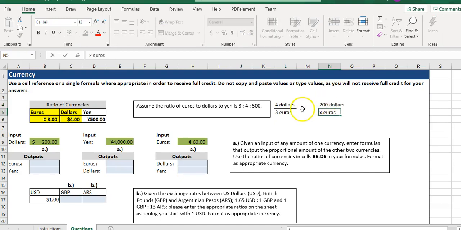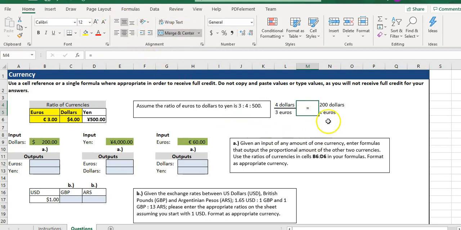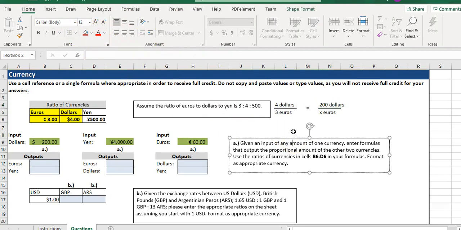So I have this proportion. I'm going to put my equal sign right here. And I'm going to do a little bit of formatting. Okay, so I have these two ratios that are equal to each other, and now I want to solve them.